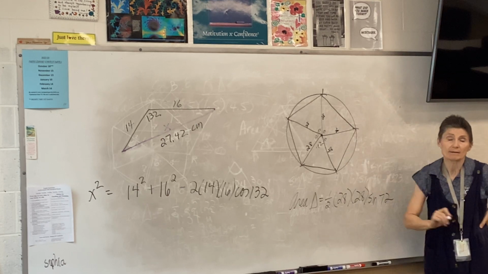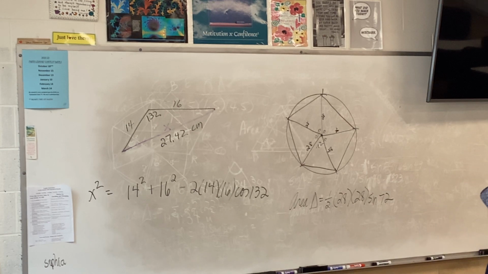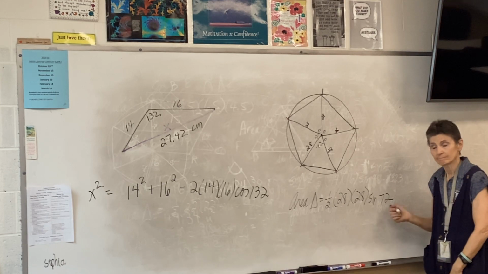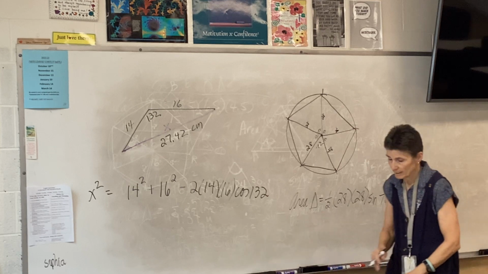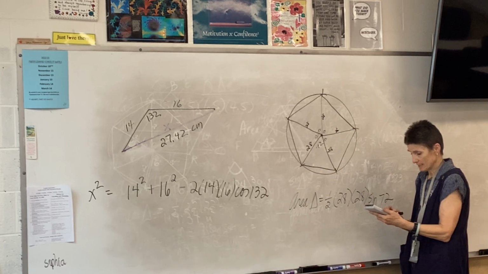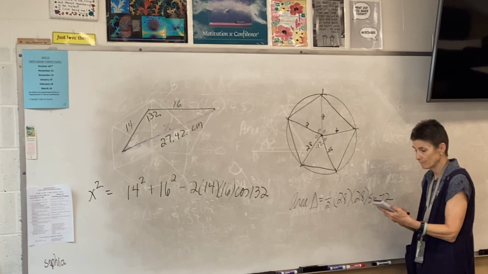I just erased it, but our area formula is 1/2 side times side times sine of included angle. So that's my triangle: 1/2 times 28 times 28 times sine 72.